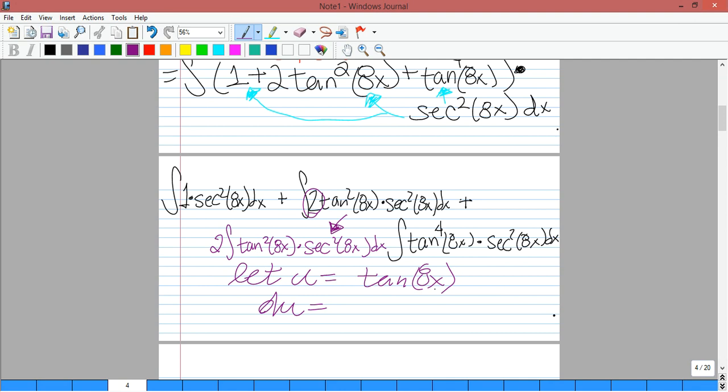Again, this is a composite function, where this right here is a function all in itself. 8x is a function all in itself, and then tangent is a function all in itself, but they're together. It's like a Russian doll. So what you have to do is use chain rule. Chain rule is to derivative as u sub is to integration.